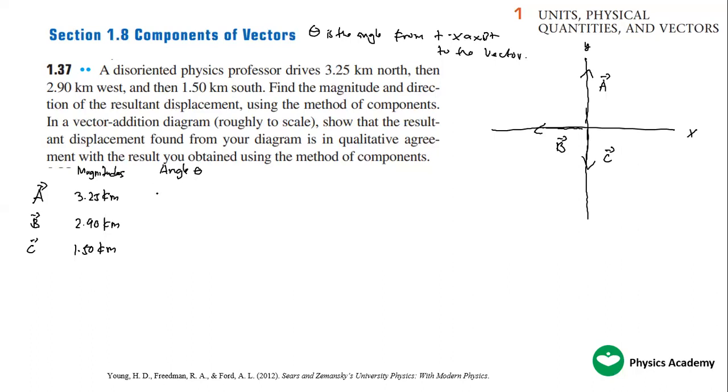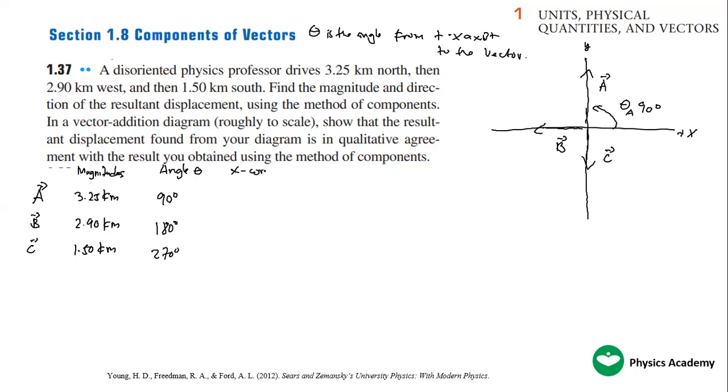It's raining heavily here, but let's continue our video discussion. Now, for A, the angle theta A from the positive x-axis is just 90 degrees. It follows that your B is 180 degrees and your C is 270.